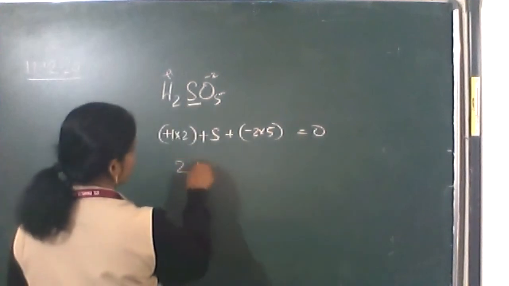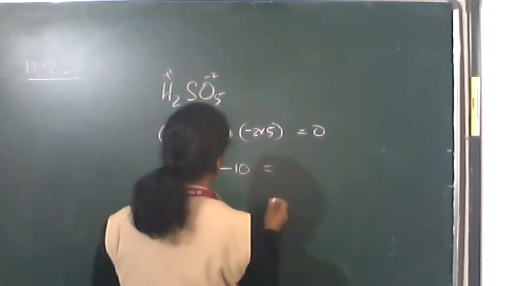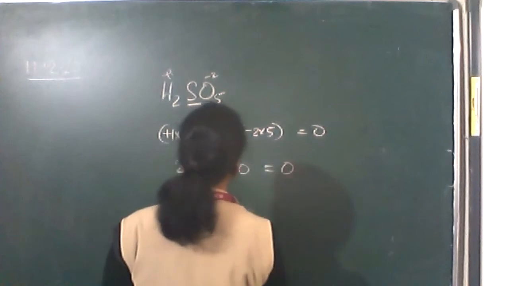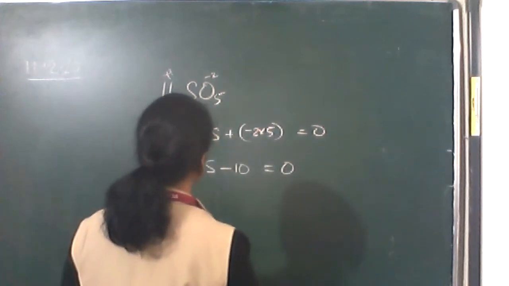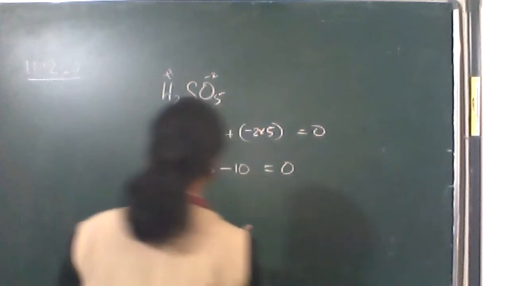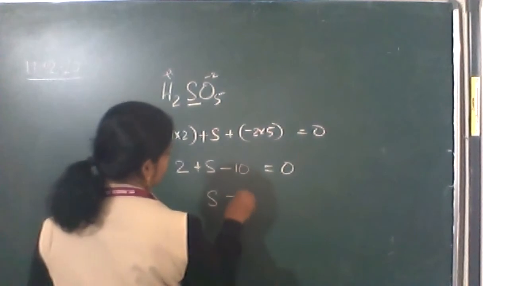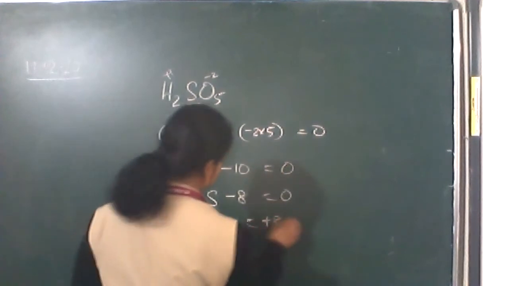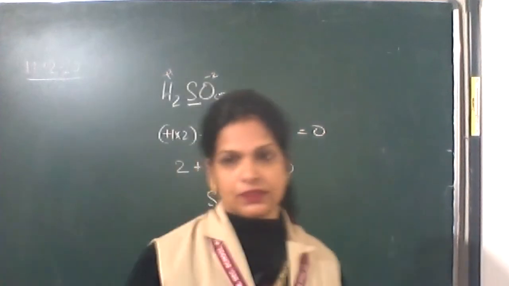That is 2 plus S minus 10 is equal to 0. S minus 8 is equal to 0. S is equal to +8. You are getting S is equal to +8.